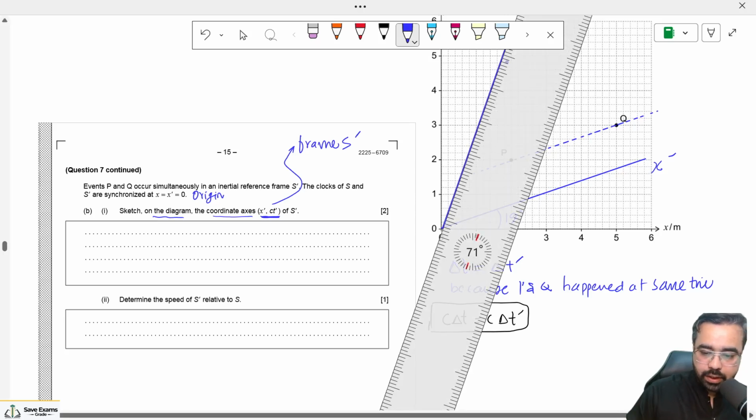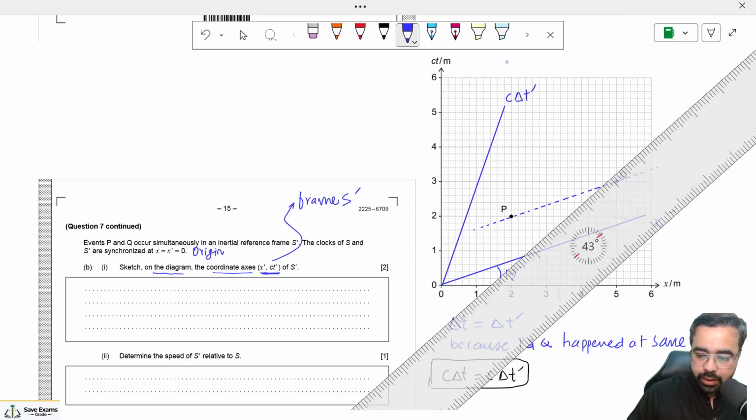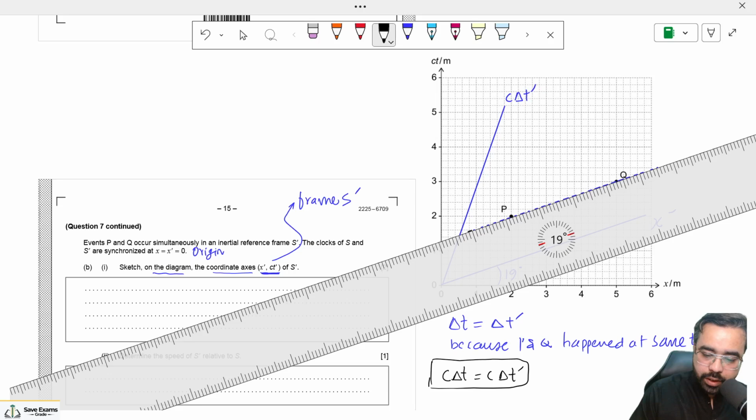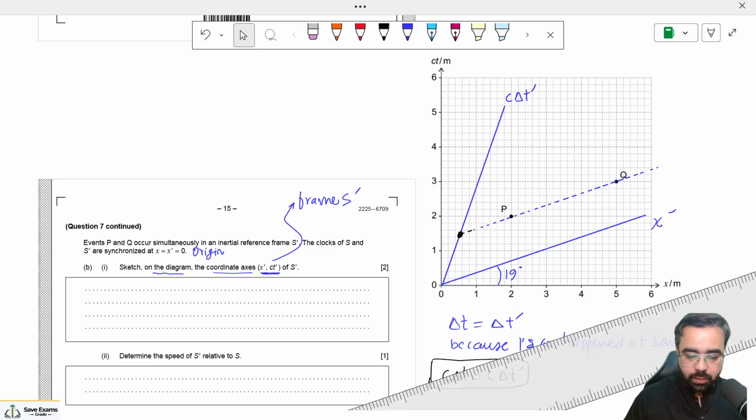So this is, dear students, the c delta t prime axis. And if I now join them, as you see, both events occurred at this time. By the way, we don't know this value, but you can understand that they are happening at the same time. So these are the coordinate axes. So we have solved this question.